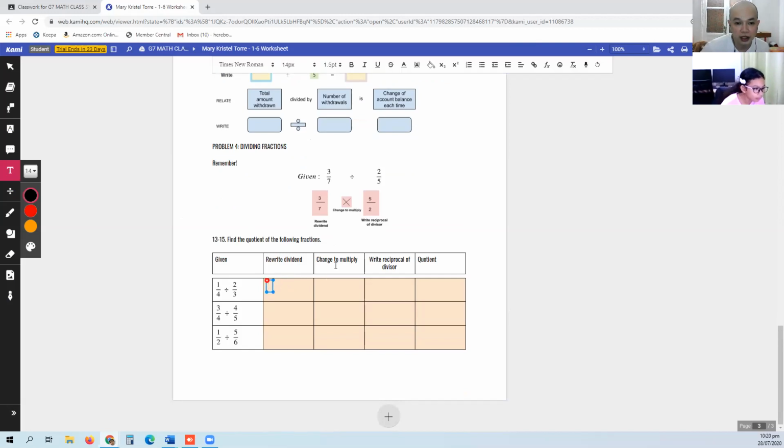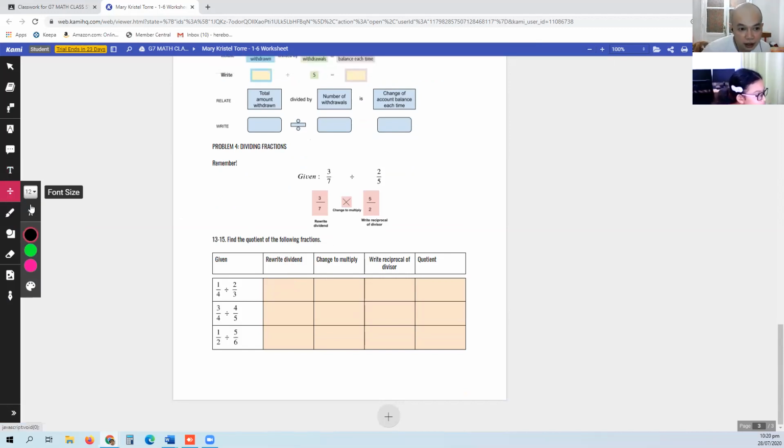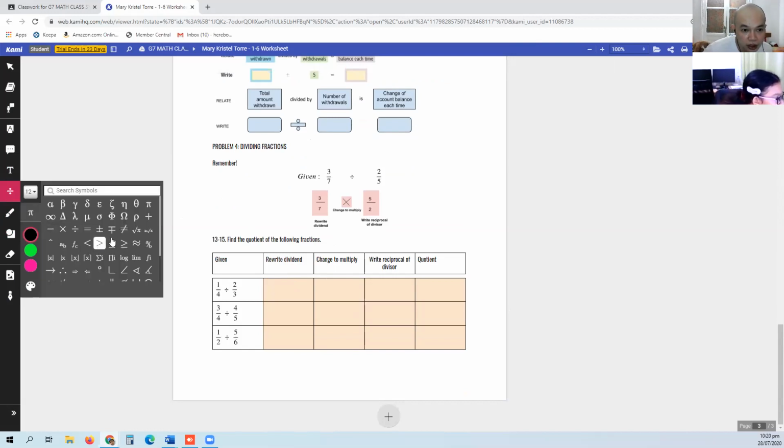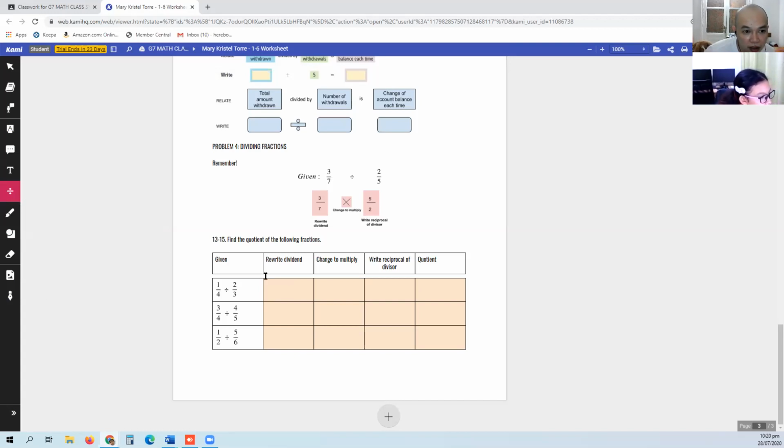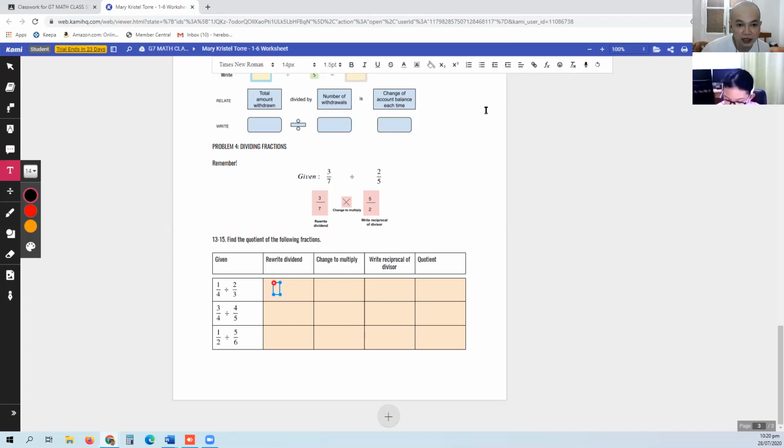1 slash 4. You can do slash, no problem. That will be a correct answer. 1 slash 4 is the same as 1 over 4.